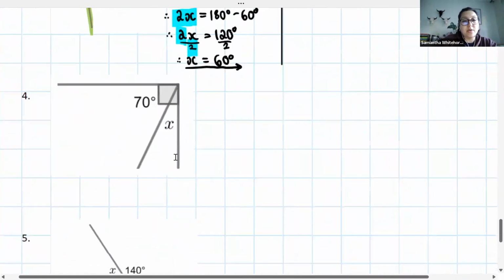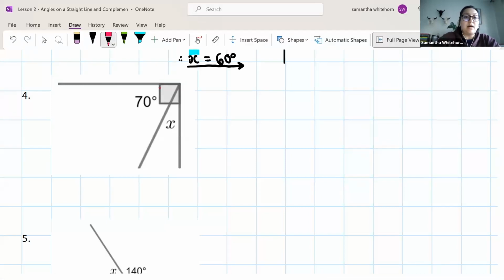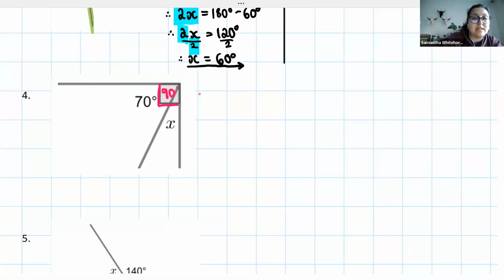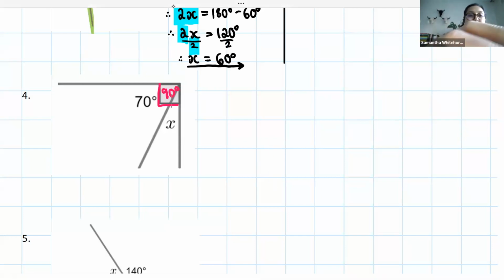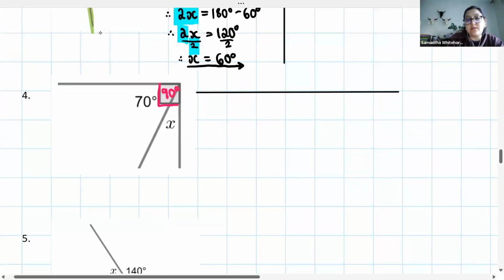So if we have a look at question 4, guys, you've already told me in the last lesson that this square over here means that the angle is 90 degrees. So this is an example of being able to use complementary angles. If we think about setting up our answer here, we have to give a statement and a reason.